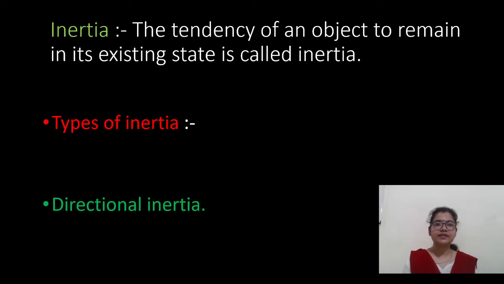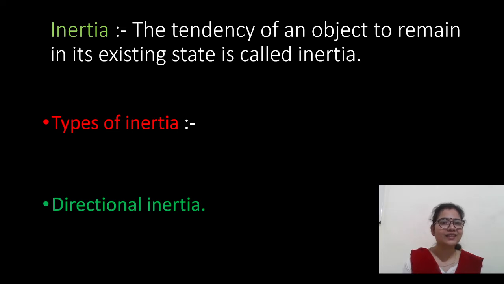Now we will see inertia. The tendency of an object to remain in its existing state is called inertia. As this text has moved and again come into the same state, these are also remaining in their existing state.